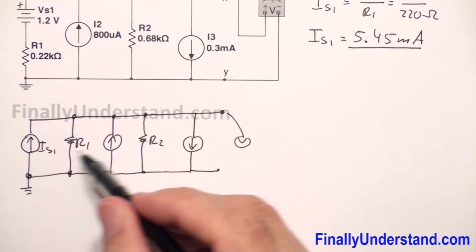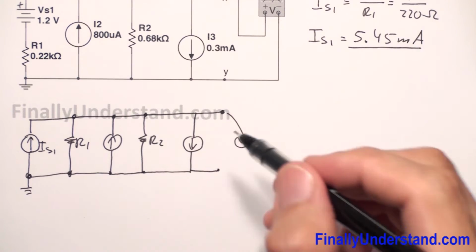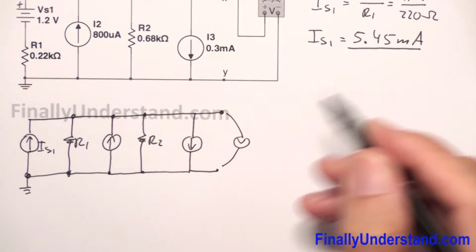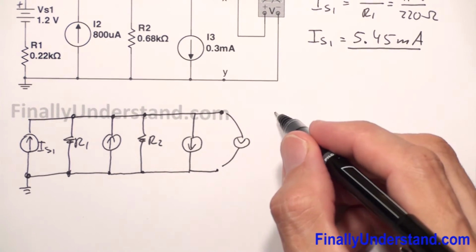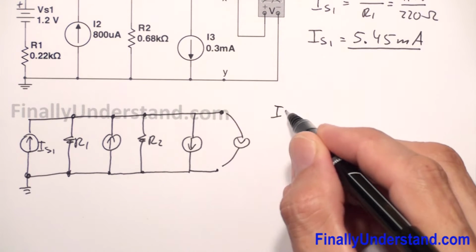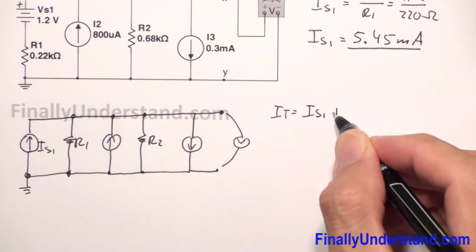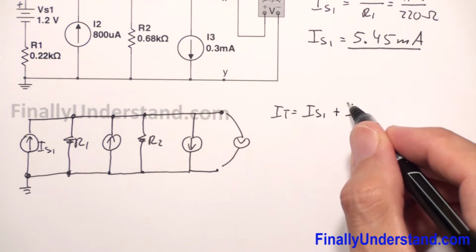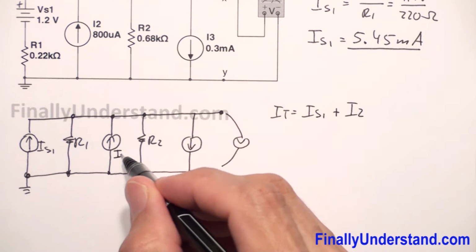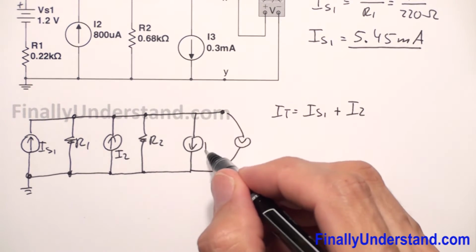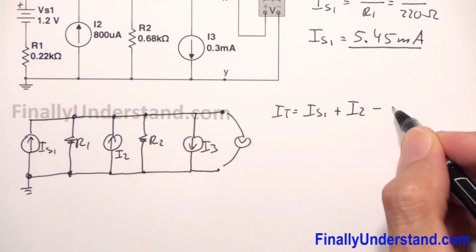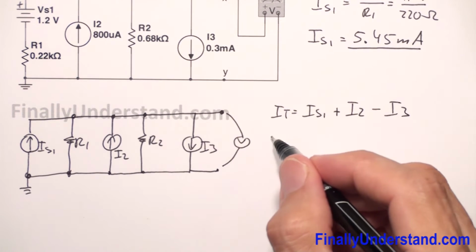I'm going to consider these two currents as the positive ones, and this one is negative. So I total is equal to I source 1 plus I2, this is my I2, and this is my I3, minus I3.